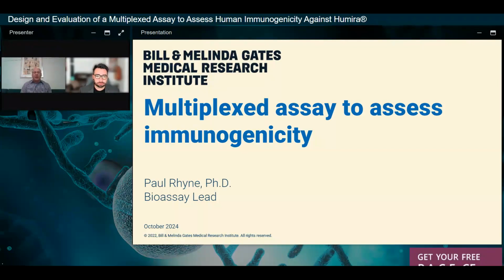And you'll see that both in the capture steps and in the detection reagents that we use, biotinylated Humira, both for the isotyping and the screening assays. That's to make sure that you're only getting drug-specific antibodies to generate your signal in whichever assay it is. So that was something that we had to rethink.